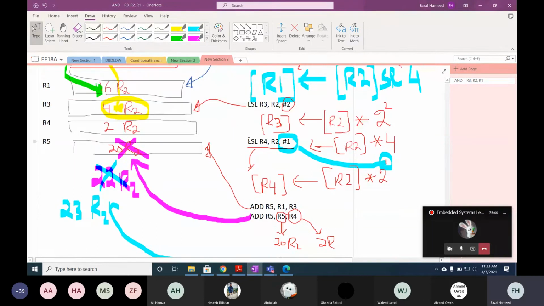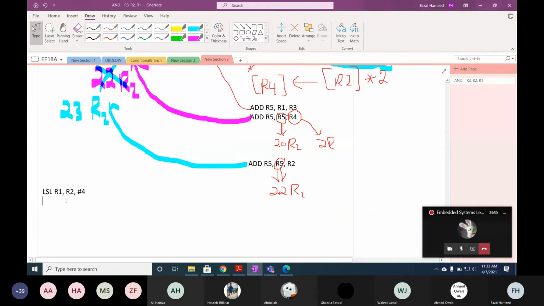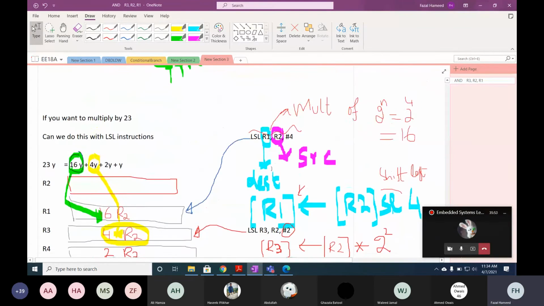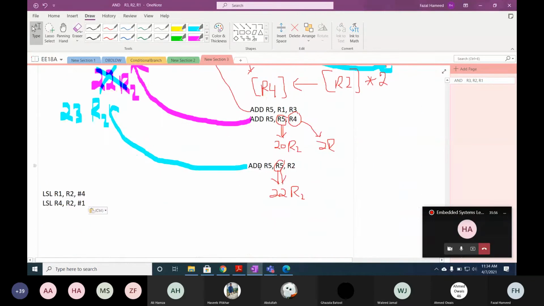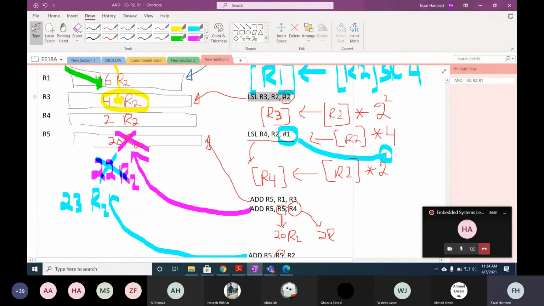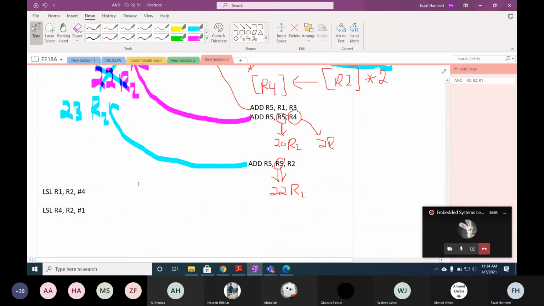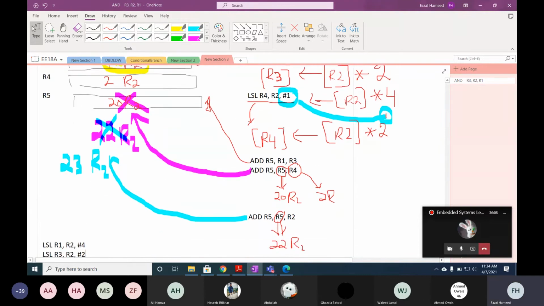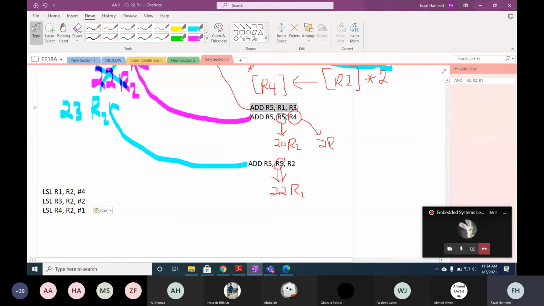First instruction. Now this one is the second instruction. Now this one is a shift, so we required shifts, and then we perform the addition, add, and add.